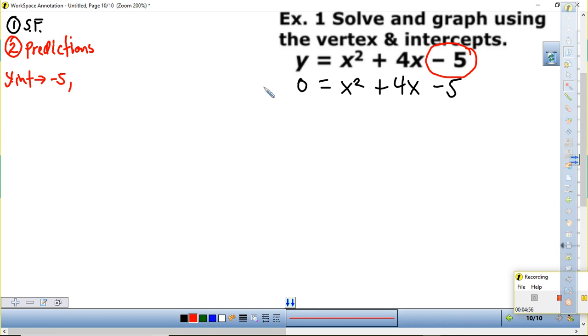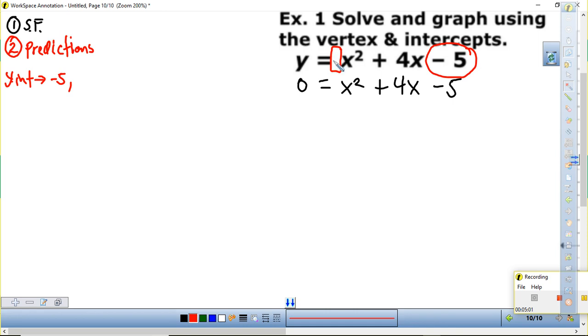That's one thing. What else do I know from this equation? Well, the leading coefficient is a positive 1. Sometime back when I first introduced the graphing portion, I gave you a little sheet to graph all the different ones and look at the patterns.